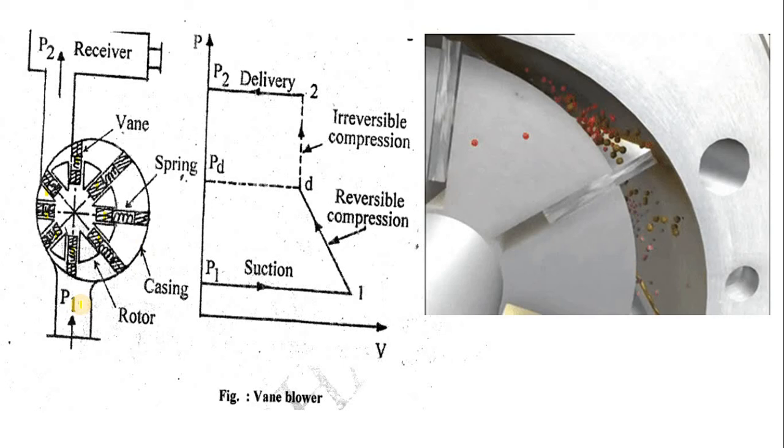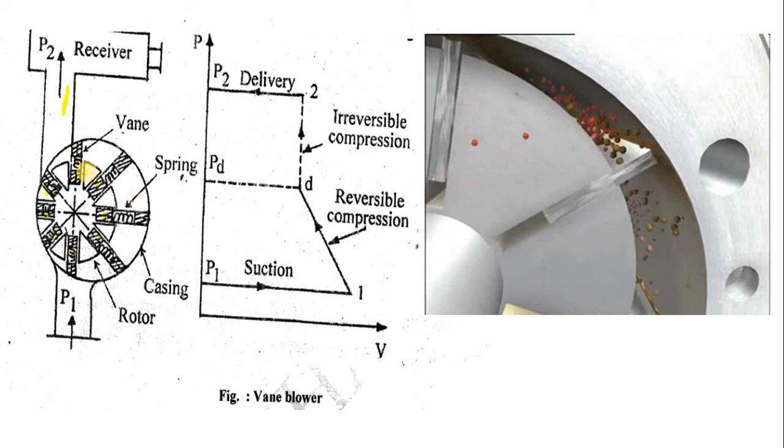Because of the vacuum creation, the suction takes place and air is trapped, and air comes in contact with the pockets. So these are the pockets in between the vanes where air gets trapped, and because of the high speed of the blades or rotor, it exerts a force on that air, and finally high pressurized, high discharge air moves out from this particular area.